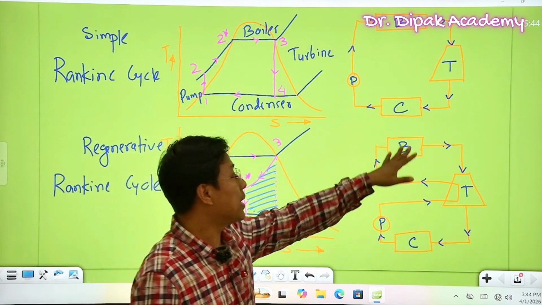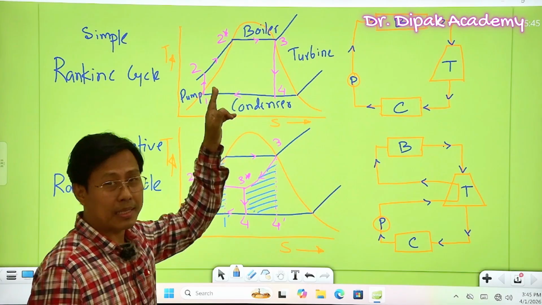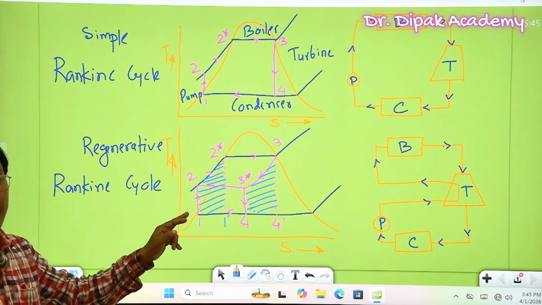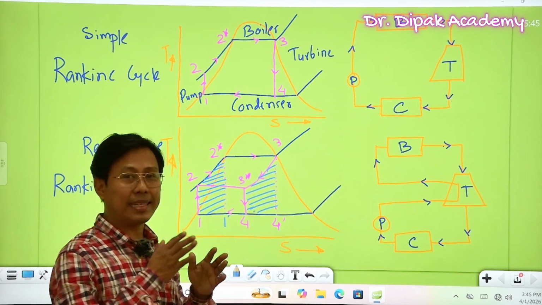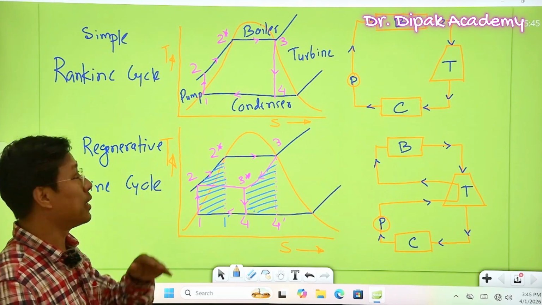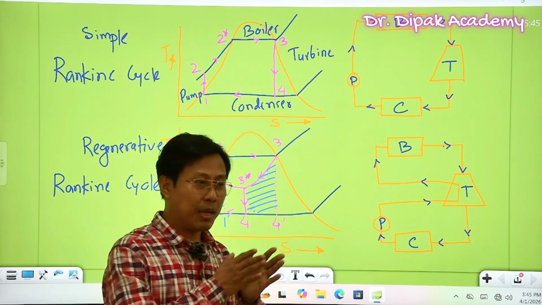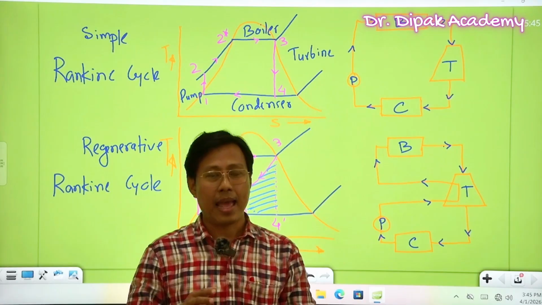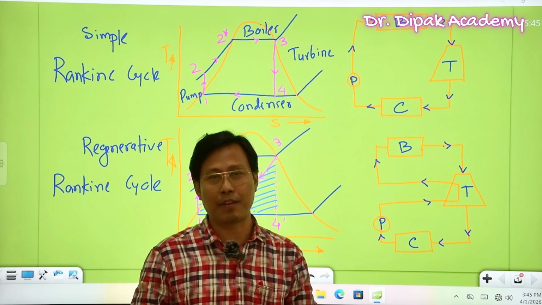And these are the two schematic diagrams for simple Rankine cycle and for regenerative Rankine cycle. So by studying all these figures, we can easily understand how regenerative Rankine cycle is different from the simple Rankine cycle, and how the modification made in the regenerative cycle has been the reason for the higher efficiency.